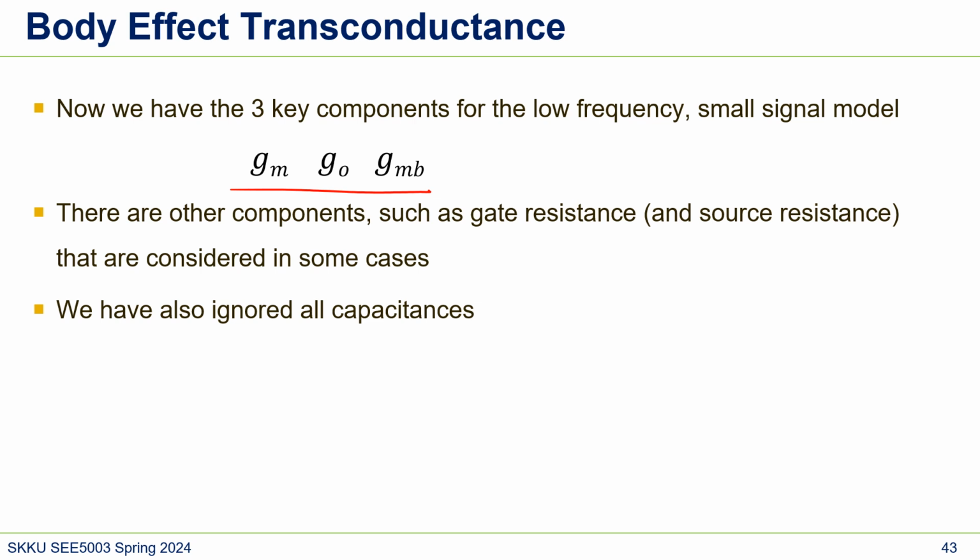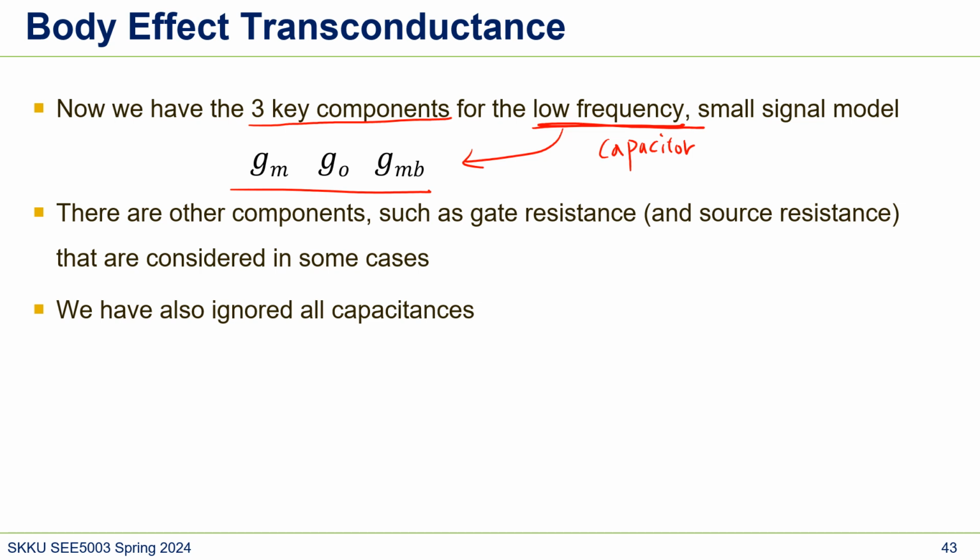The reason why in this slide we have the three components, GM, GO and GMB, is that this is for low frequency. You may wonder why they put low frequency. Because if it goes to high frequency, we need to consider the capacitors.